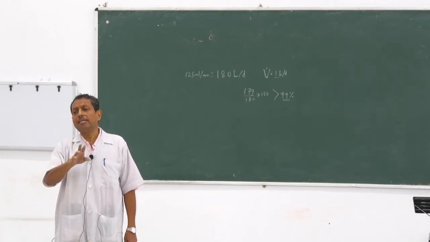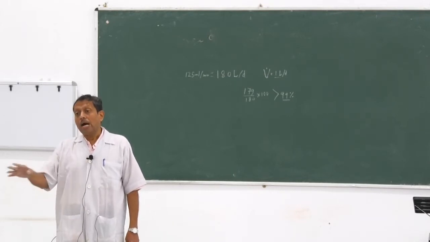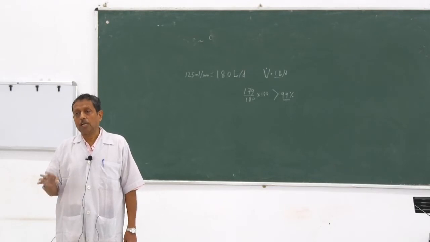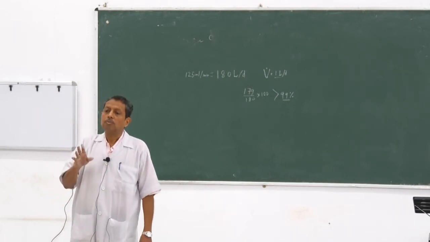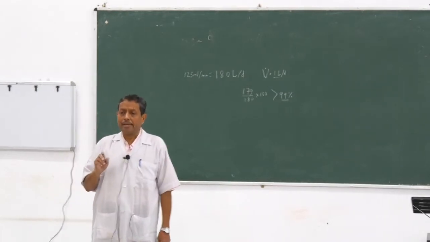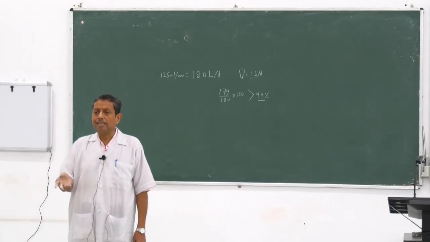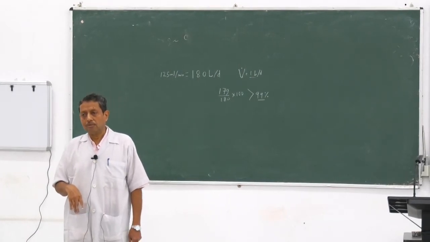It contains redundant sodium chloride and also other substances, nitrogenous substances. Total is, depending upon the diet, 600 to 700 millimole per day. It is less in case of vegetarians, whatever may be.